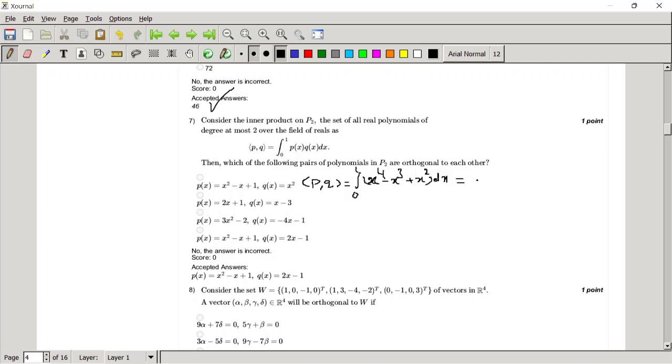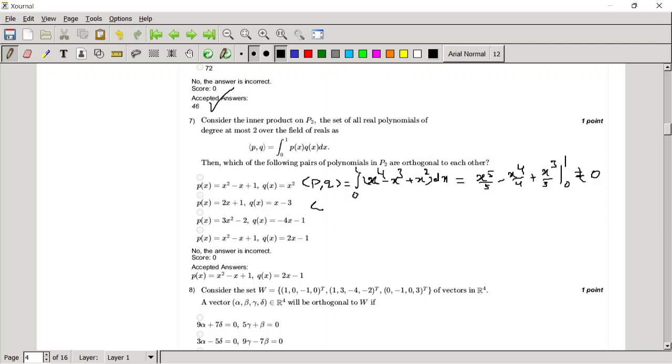So this is nothing but integration. By doing integration, we get x to the power of 5 by 5 minus x to the power of 4 by 4 plus x cubed by 3 over the limits 0 to 1. Of course this is not equal to 0, some non-zero quantity we will get. So these two polynomials are not orthogonal.